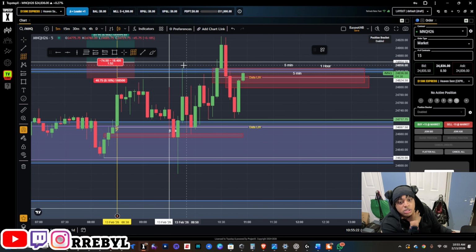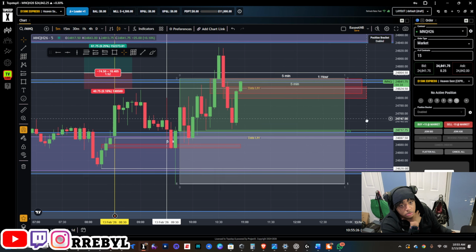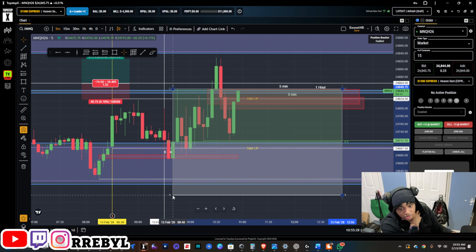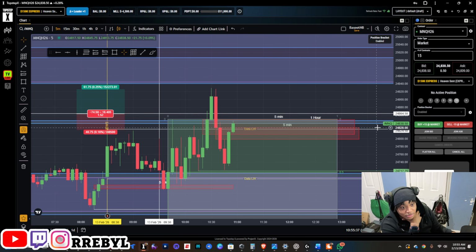Hold up, let's see. What's the equilibrium of this breaker block? I'll take an equilibrium short. I meant breaker block. It's not a short, it's a long, if it closes out. I've been tempted.